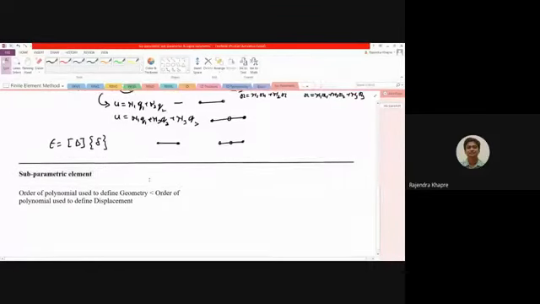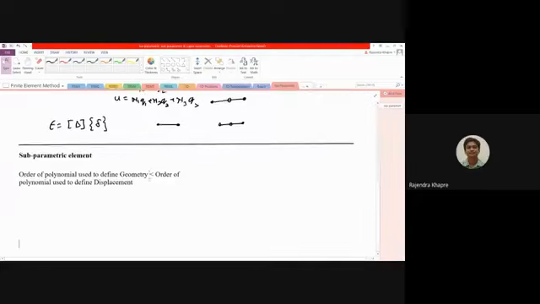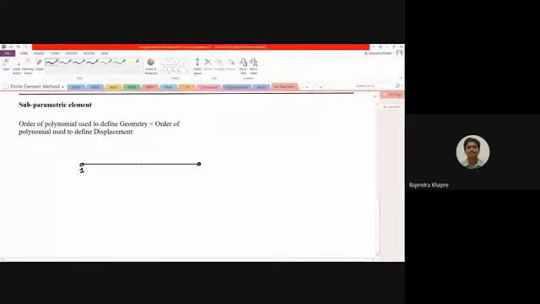Now let me explain with the help of an example. Here the orders will be different, so we cannot use a simple 2-noded bar element. We have to go for at least a 3-noded bar element. So I have a 3-noded bar element like this, with node 1 at one end, node 3 at the other end, and node 2 at the center.